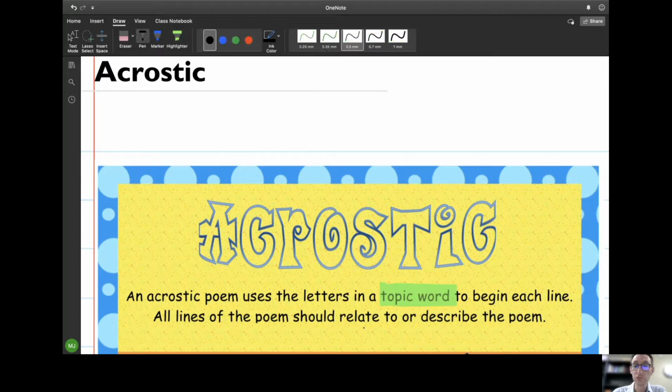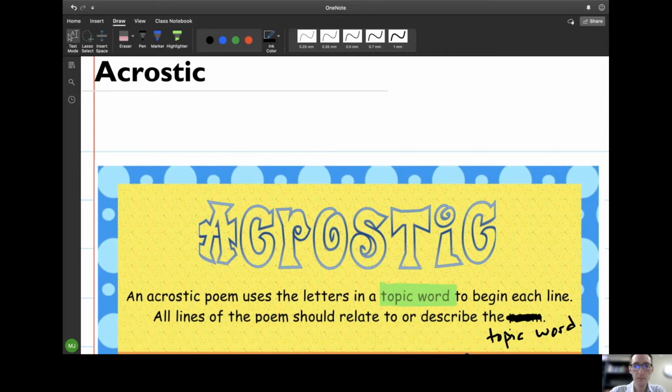So all the lines of the poem should relate to or describe that first topic word in the poem. It should describe the topic word.